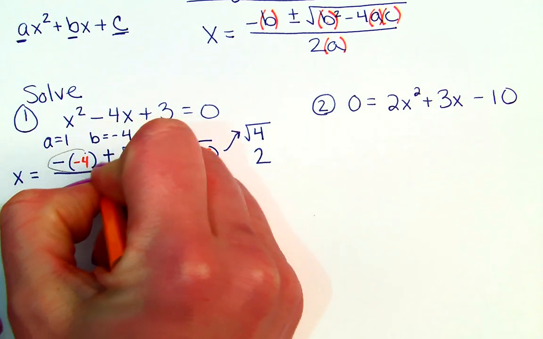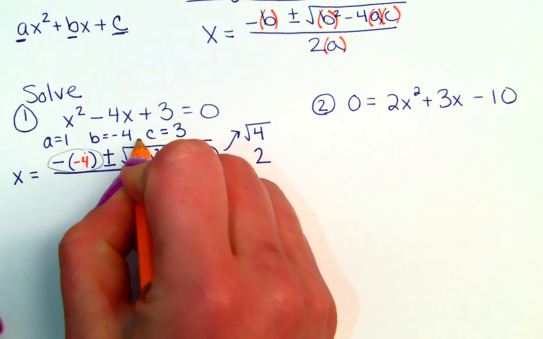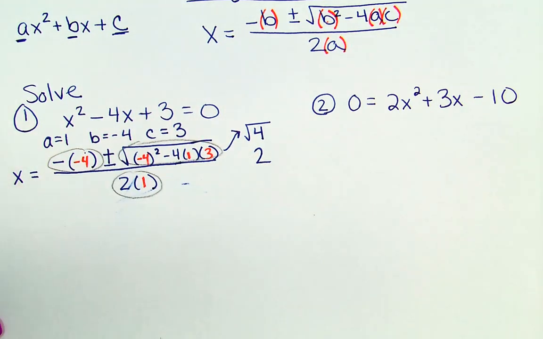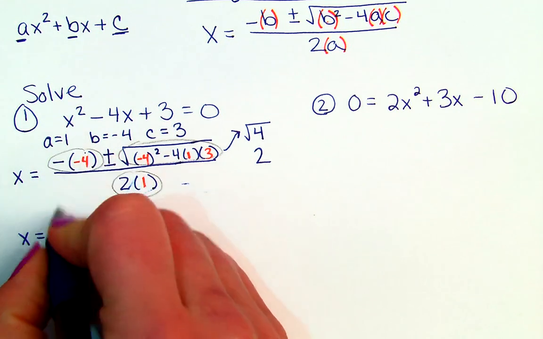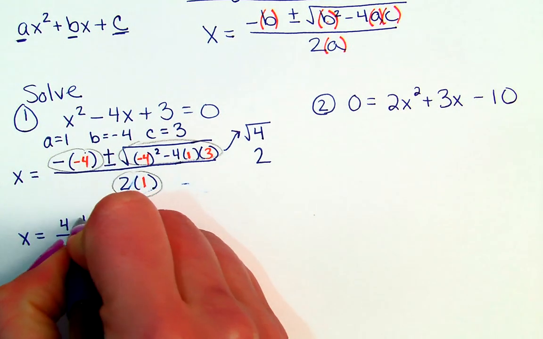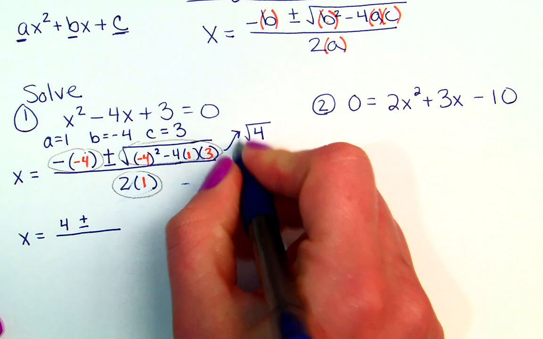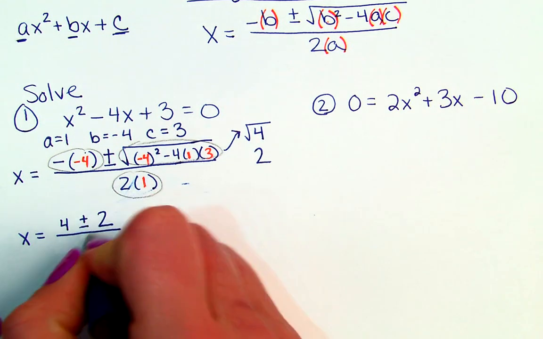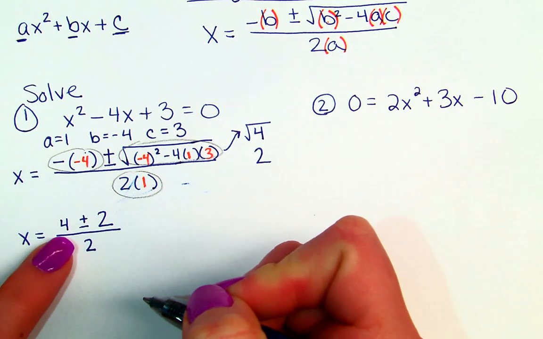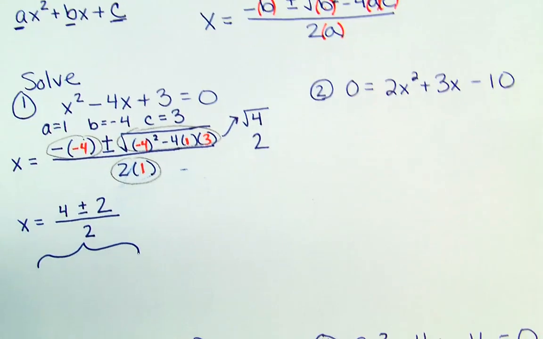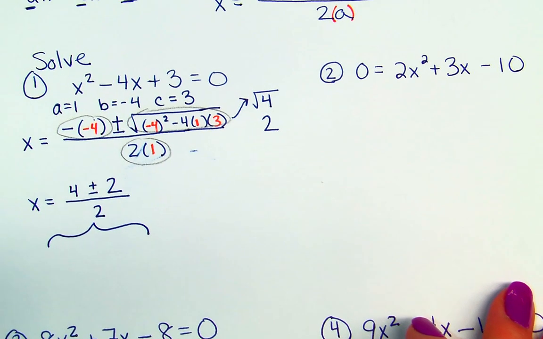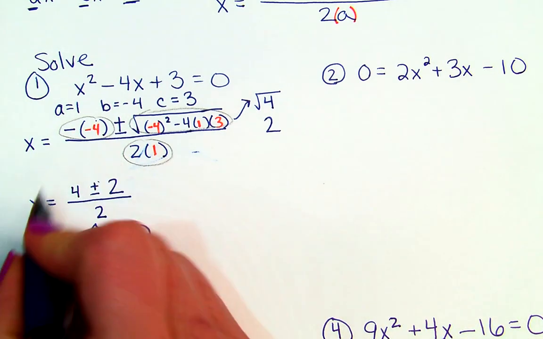Then I just have to worry about the next 2 sections. Okay, so x equals a -4 is a +4, plus or minus our square root evaluated to 2, and 2 times 1 is 2. So this plus or minus separates our answers into 2 answers, the positive version and the negative version of this symbol.